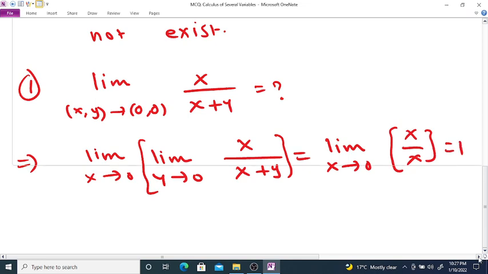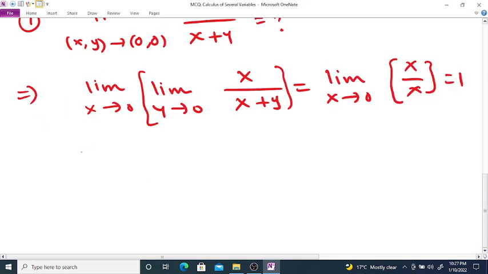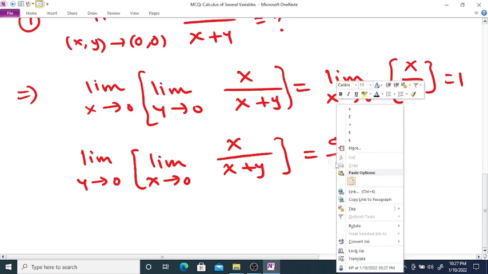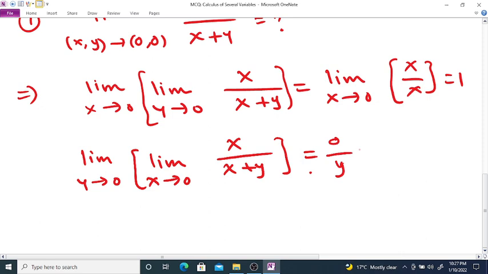Now the second repeated limit, y tends to 0, limit x tends to 0 of x divided by x plus y, is 0 divided by y, which is equal to 0.